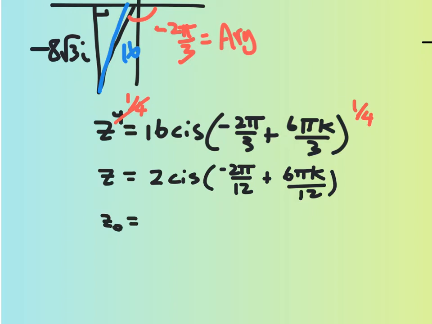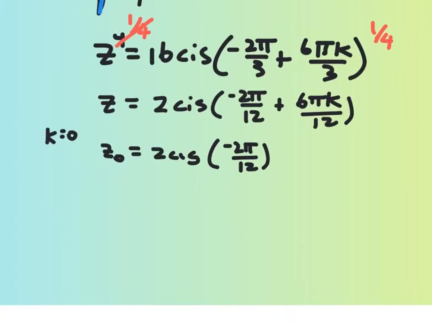So our first root would be 2 cis, k is 0. Okay, so if k equals 0, then I get negative pi over 6. I guess I'll write it using the common denominator for now. So negative 2 pi over 12. We'll clean that up in a minute.